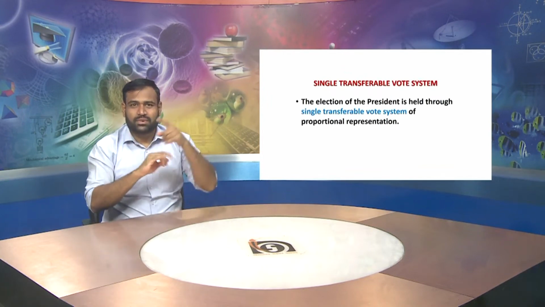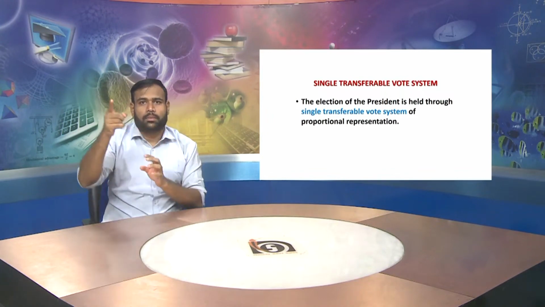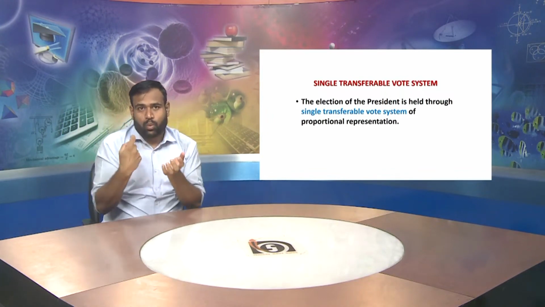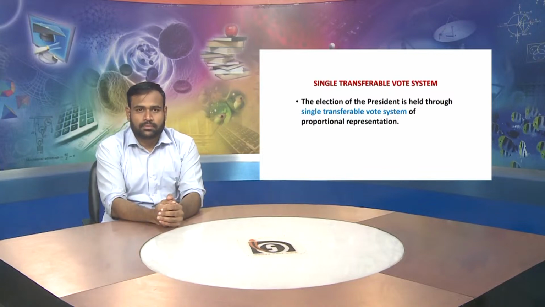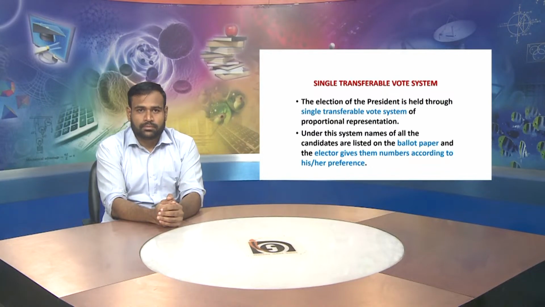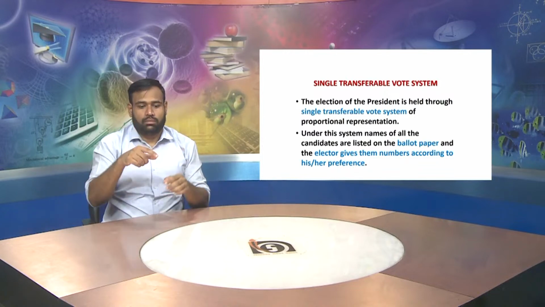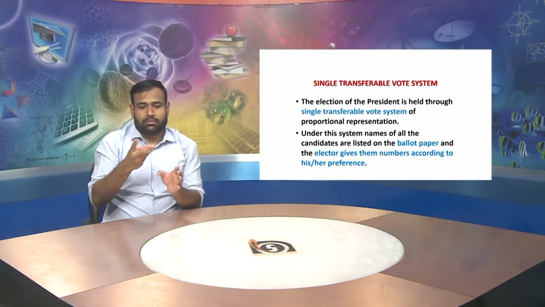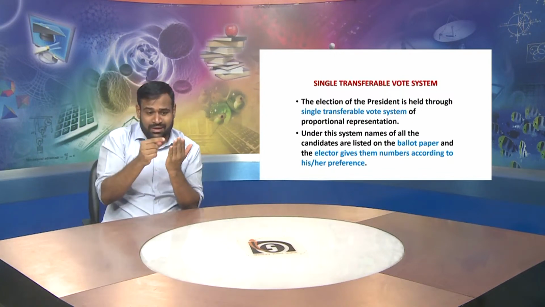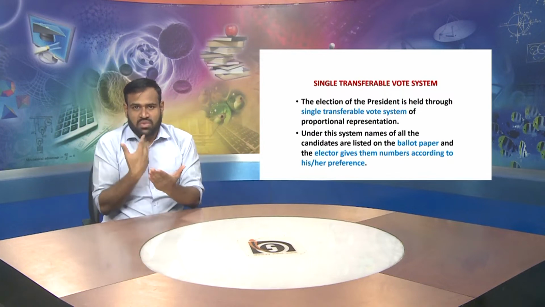So now let us understand the single transferable vote system. It is very important as the election of the president is held through this system. Under this system, names of all the candidates are listed on the ballot paper, and the elector gives them numbers according to his or her preference.